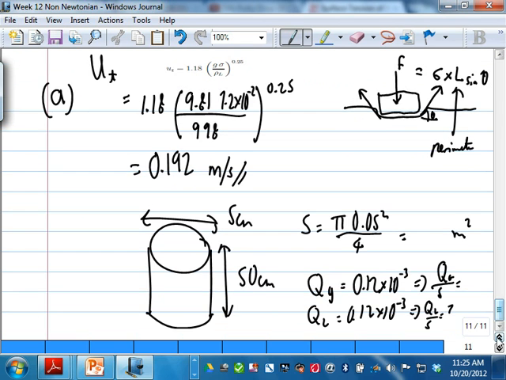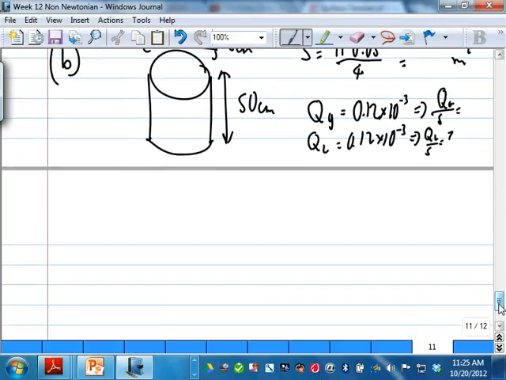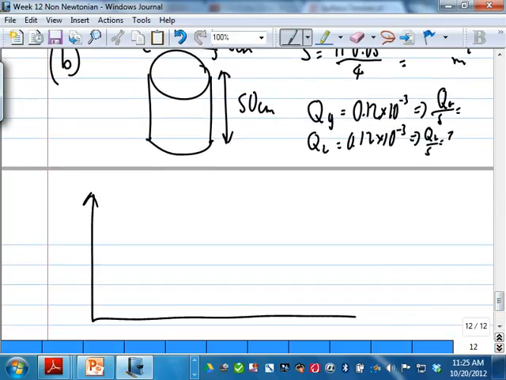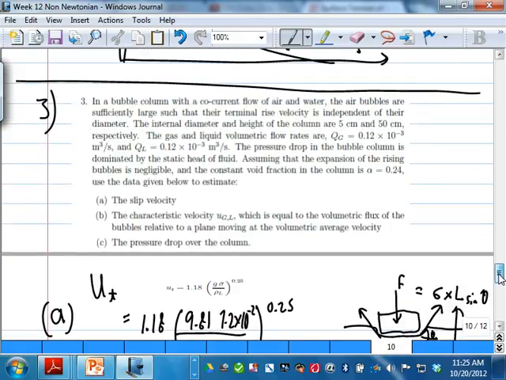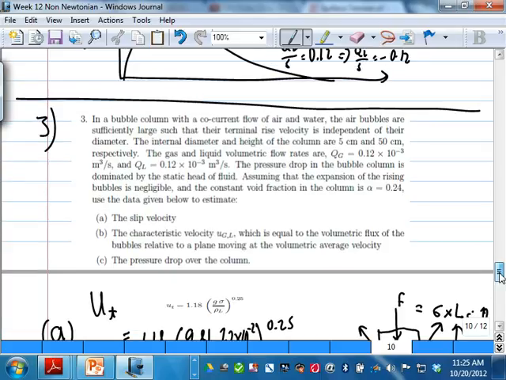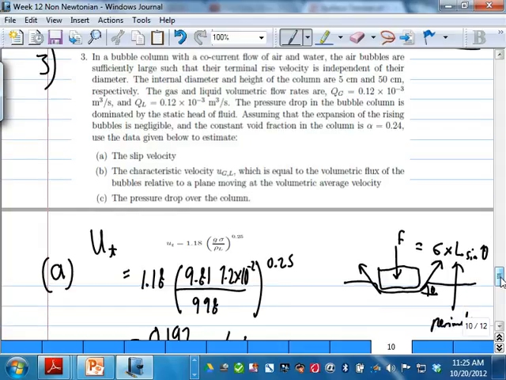So part B, I guess we need to find alpha first before we can do that one. They tell you alpha here.